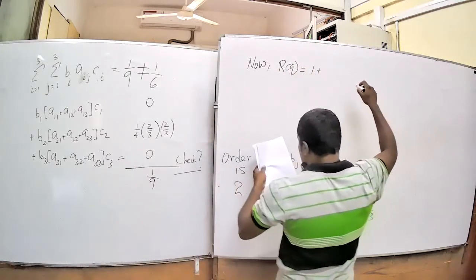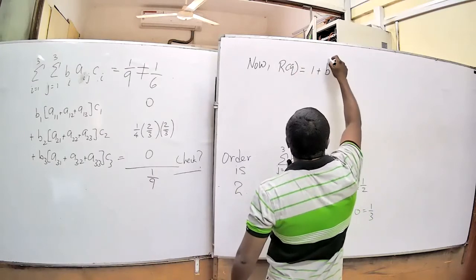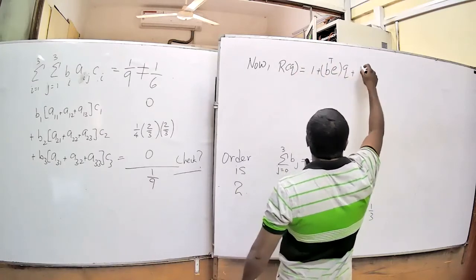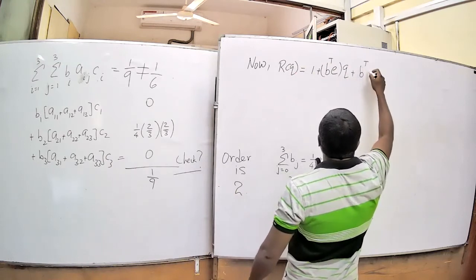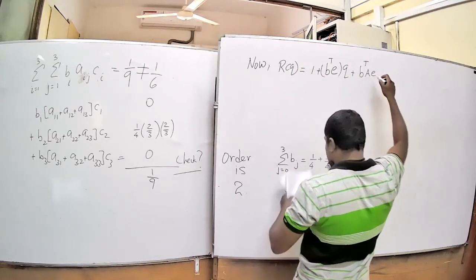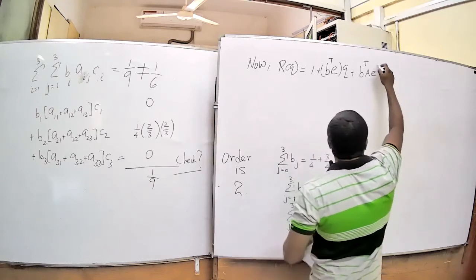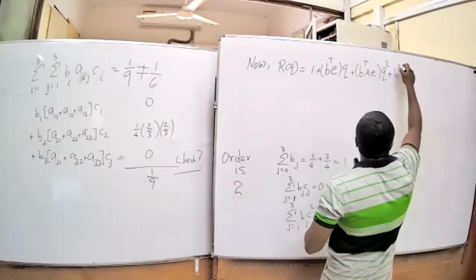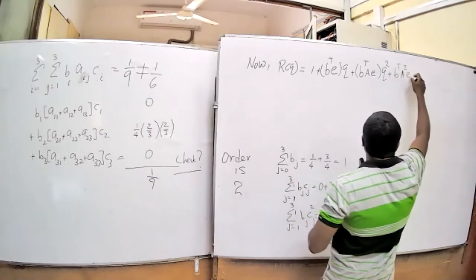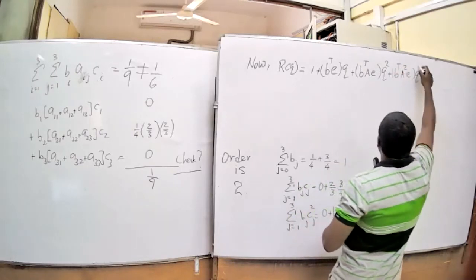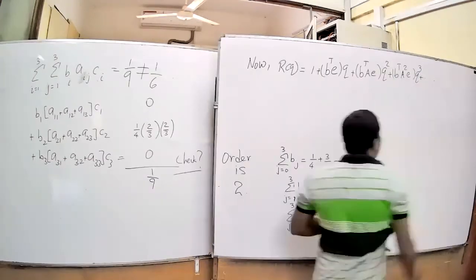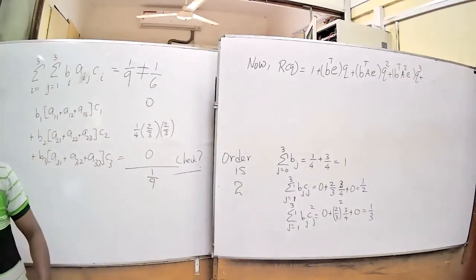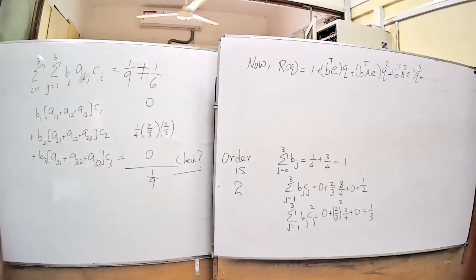Let's say B transpose. If you remember, this is an alternative way of writing the polynomial which we wrote earlier as well.